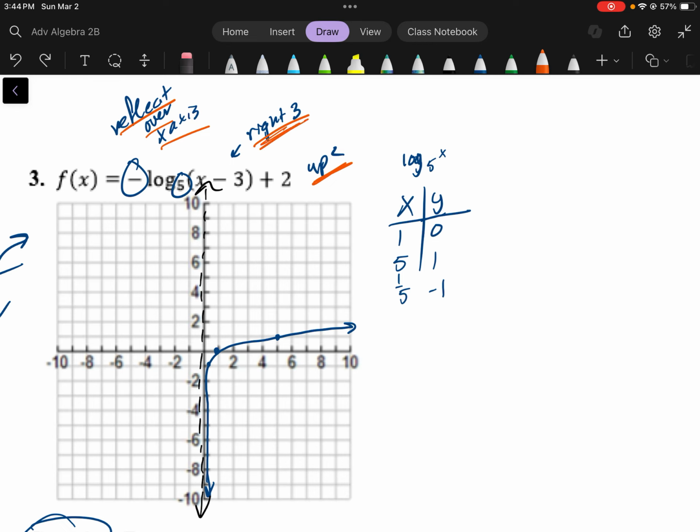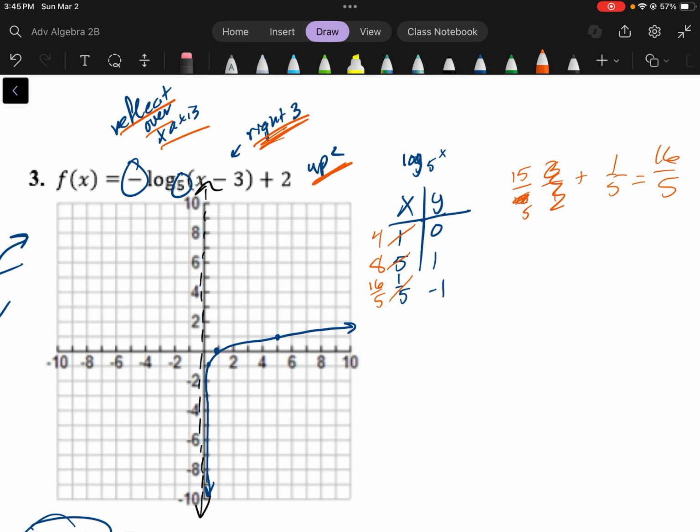Okay, so right 3 affects the x, so we're going to add 3, so that's 4, 8, and let's see, 3 over 1 plus 1/5, that turns into 15 over 5, so that would be 16/5, which is just past 3.